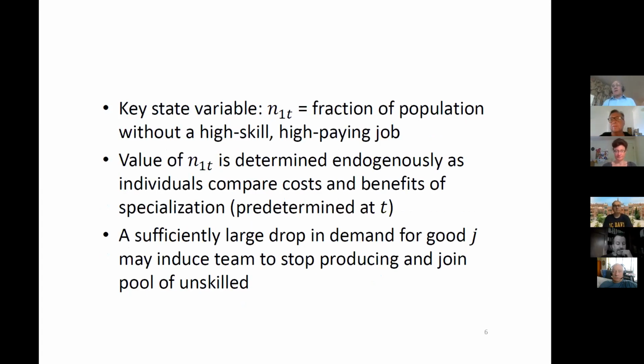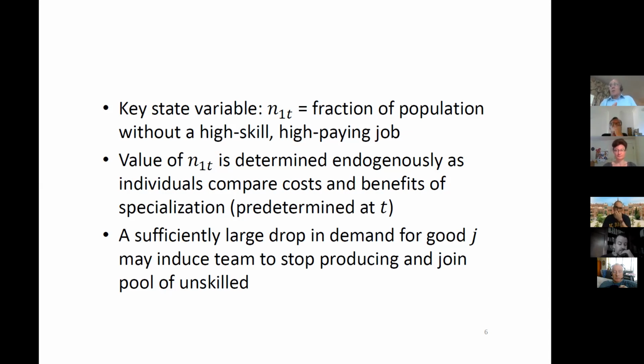So the key state variable in my model in terms of tracking what goes on in the aggregate economy is a variable called N1, which is the fraction of the population that do not have a specialization. They do not have a high skill, high paying job. Now, this number, N1, is going to be determined endogenously.